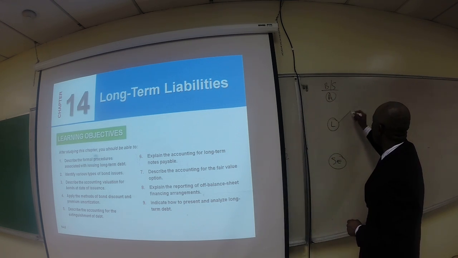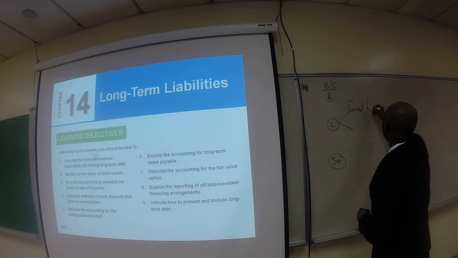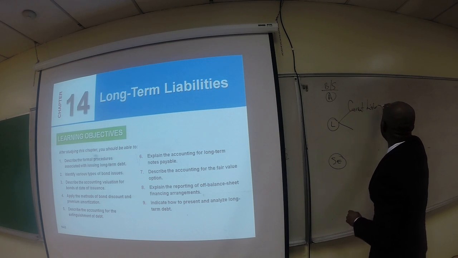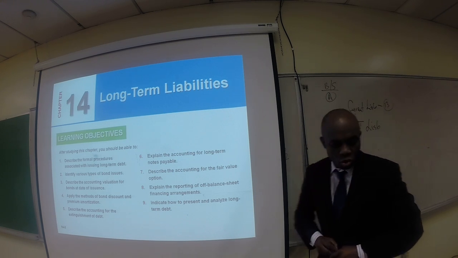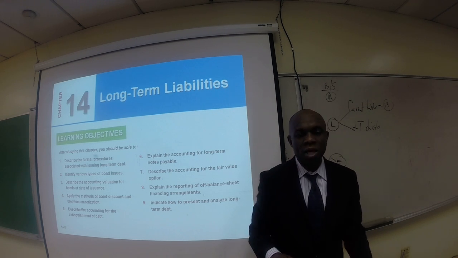Now, in chapter 13, our main focus was current liabilities and contingencies. In chapter 14, we are shifting gear and we are now talking about long-term liabilities. So that is the main focus of chapter 14.